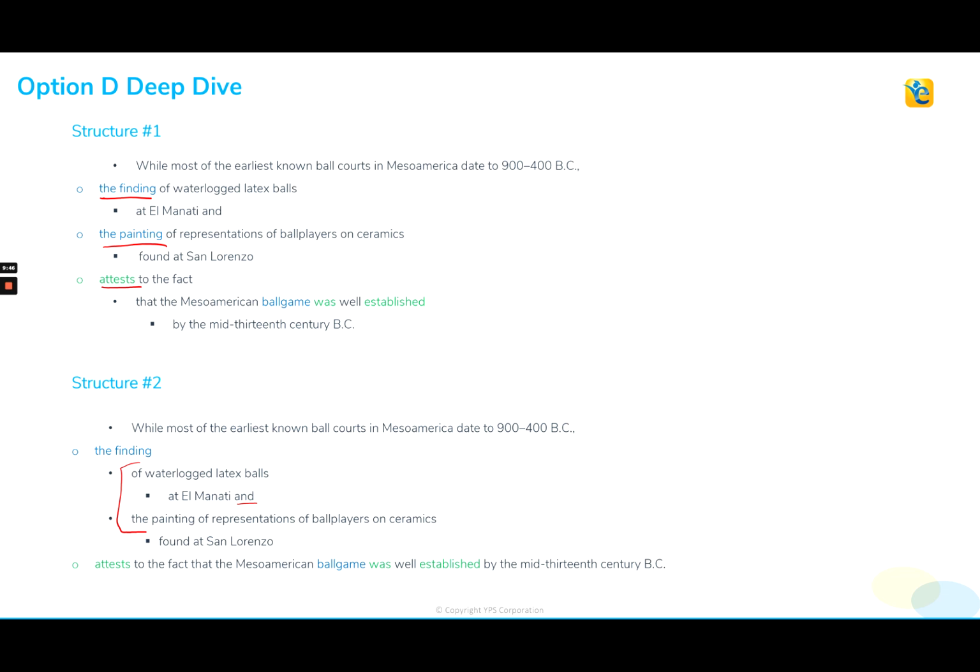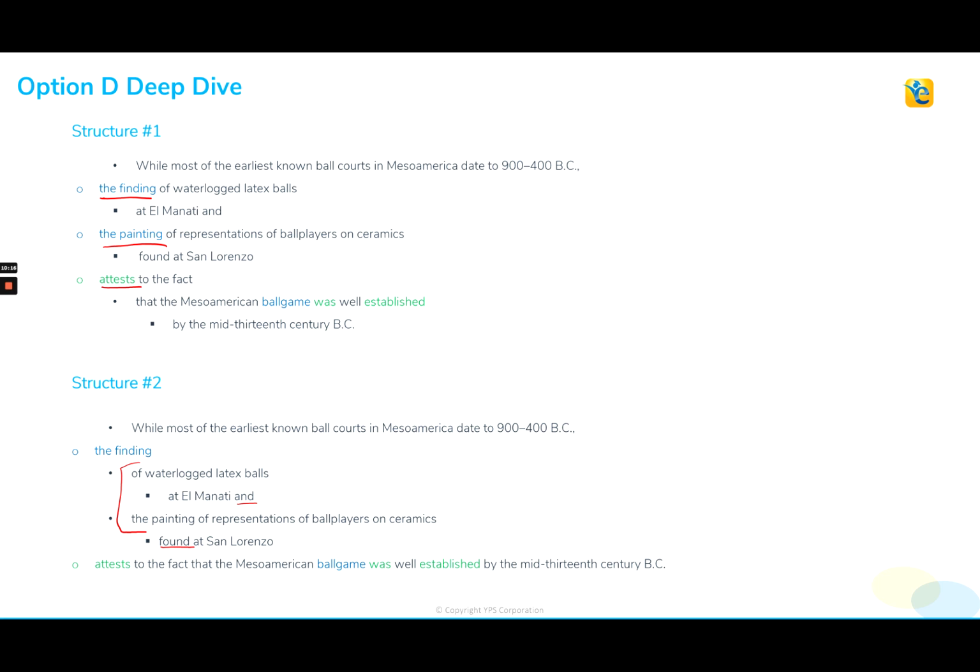But I also need to ask, how would it be logical to say the finding of waterlogged latex balls and the painting of representations found what the finding found at San Lorenzo? That meaning is redundant and illogical. And so the first structure is actually making more sense.